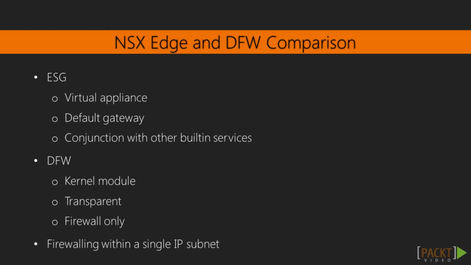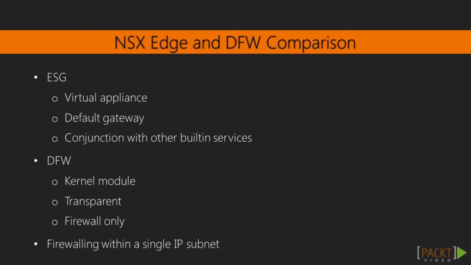To use the ESG as firewall, it needs to be configured as a default gateway, and that configuration is done within the guest OS of the virtual machine. So the TCP/IP stack of the guest OS needs to talk to the ESG as default gateway, so it's not transparent. It can be used in conjunction with other built-in services, like routing, VPN, NATing, load balancing.